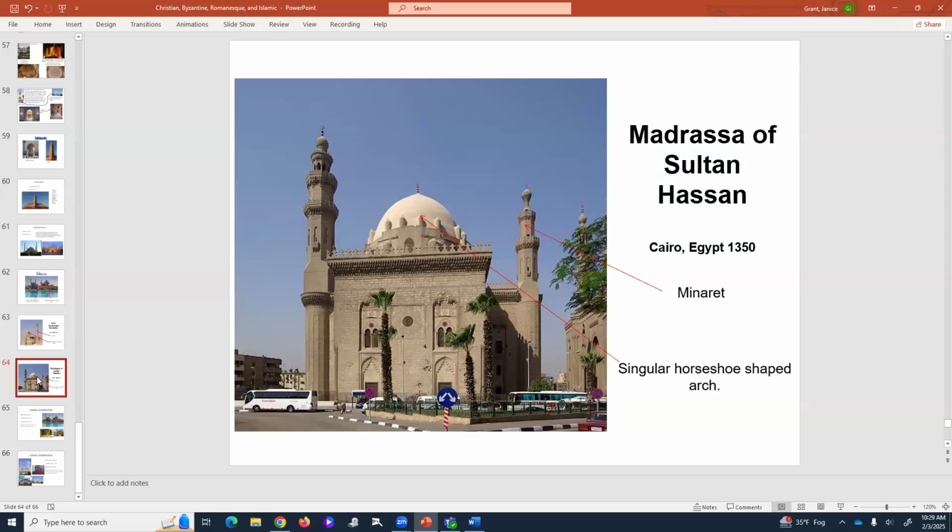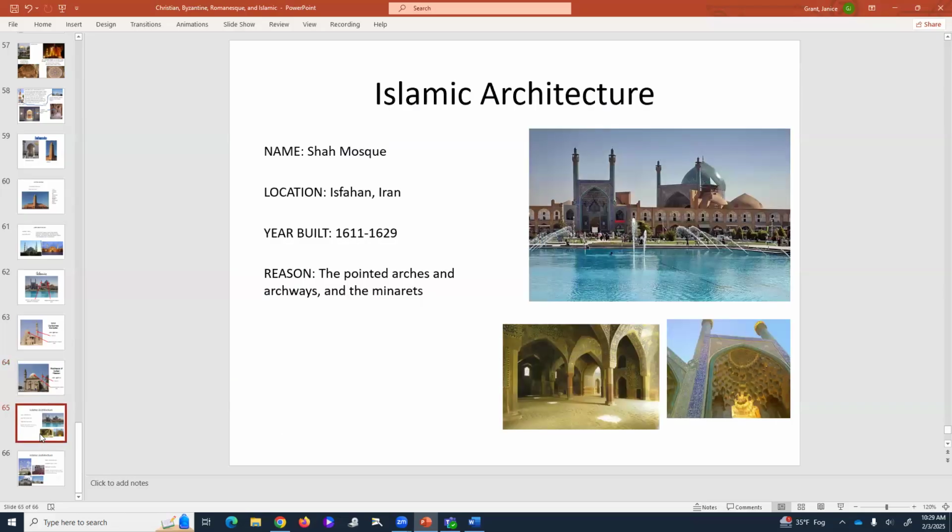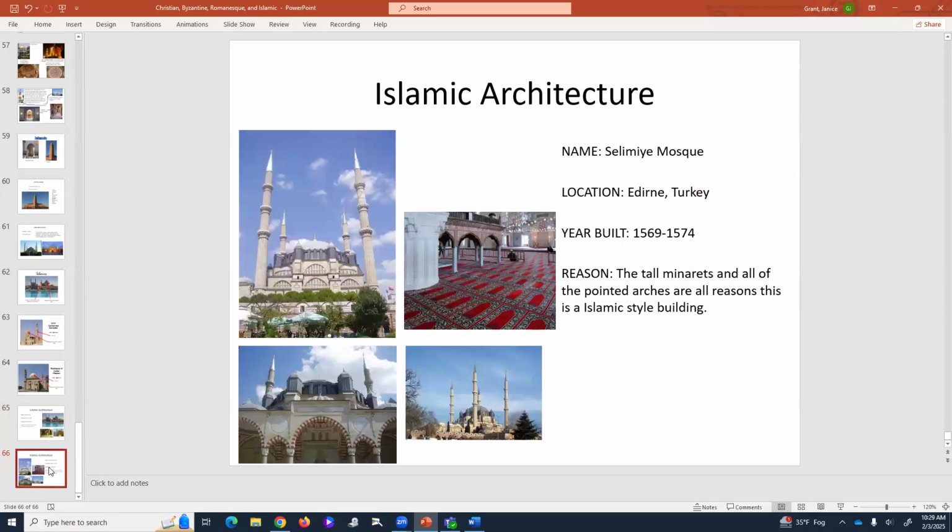Here are some other examples of those minarets. And this one shows a little bit of everything with the way that those arches point in the minaret there. Here's another example of it.